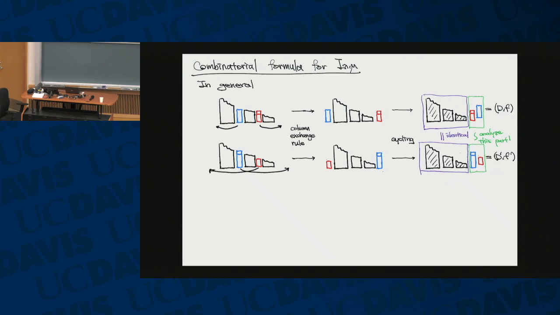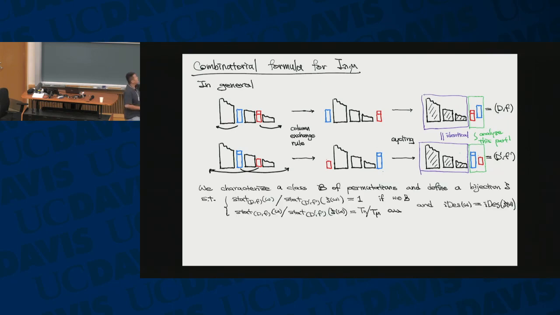And what we have done is we have characterized a class B of permutations, and we have constructed a bijection zeta. This permutation class and bijection zeta satisfy that if you take the ratio of the stat of these two final filled diagrams, then the ratio should be 1 if the permutation is in the class B.